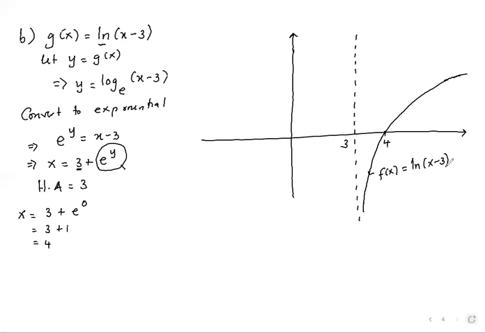And the next, so we're on C. h of x is equal to ln x plus 7. So let's see the difference. When there's a number inside ln and a number outside ln, what changes? So again, we let y be log base e of x plus 7.